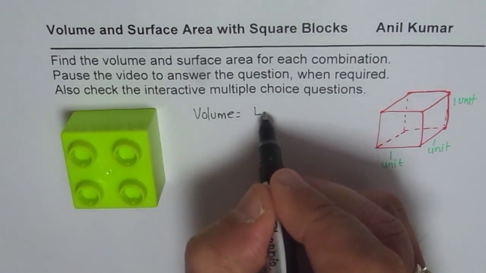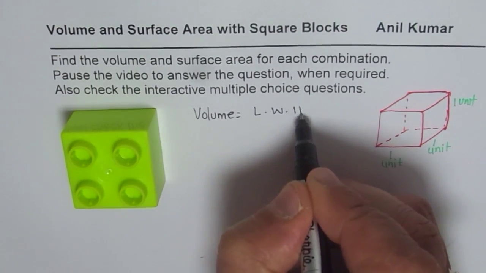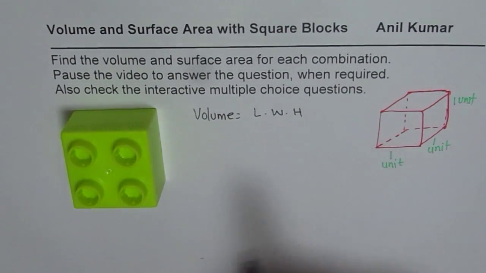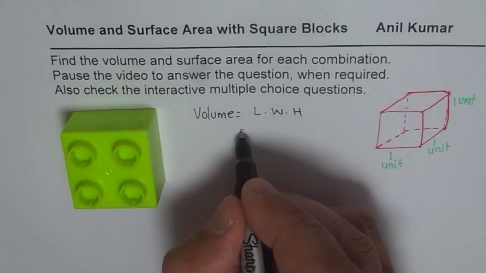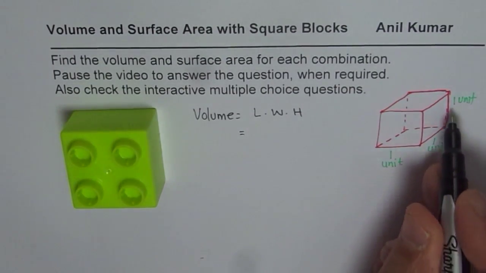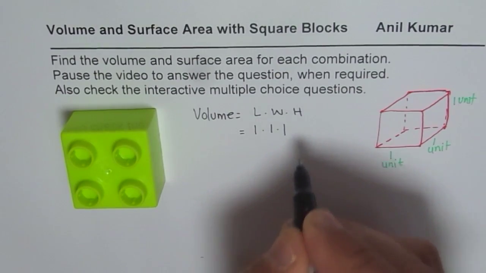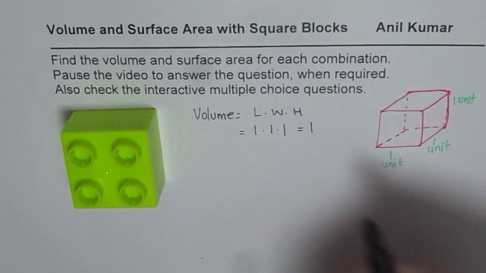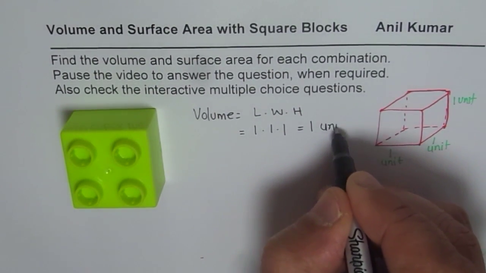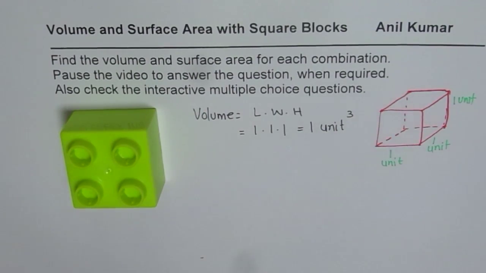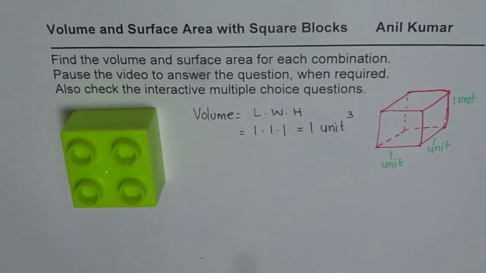Volume will be length times width times height. So for this cubic block as shown here, it is 1 unit by 1 unit by 1 unit. So it is 1 times 1 times 1. That will give you 1, right? But the units will be unit cube, right? So that is the difference. So volume of such a block is 1 unit cube.